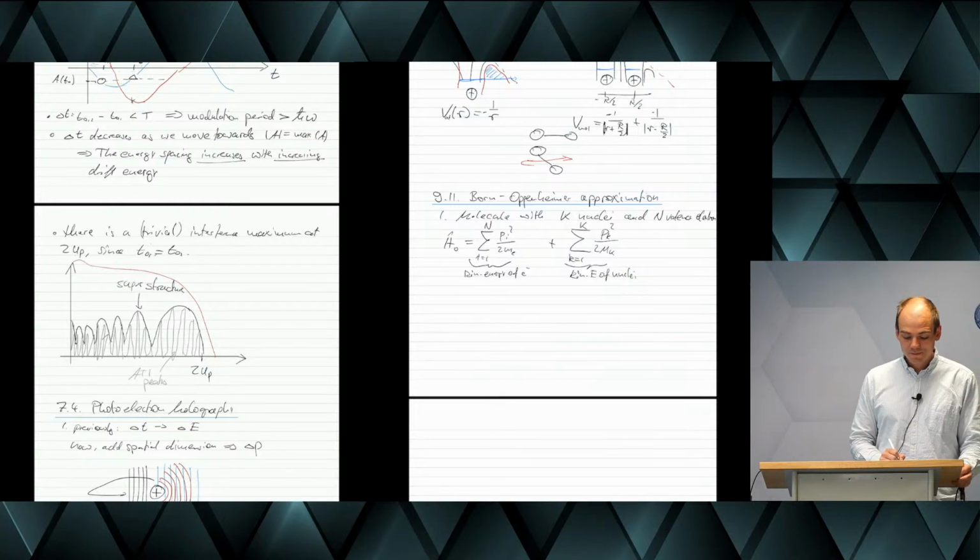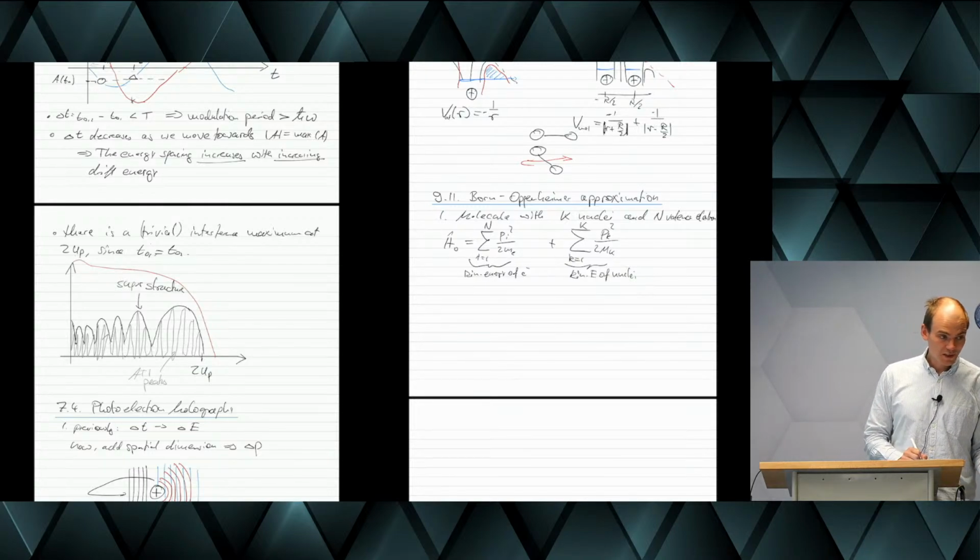And now the electrons and nuclei can also interact. So this was now the potential term. The most complex one is, of course, the interaction of electrons and nuclei. So we have a double sum where we sum over all electrons and all nuclei.